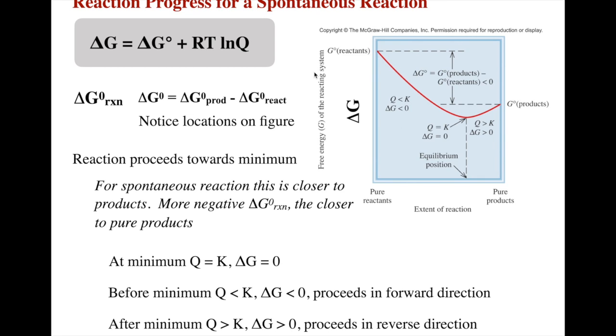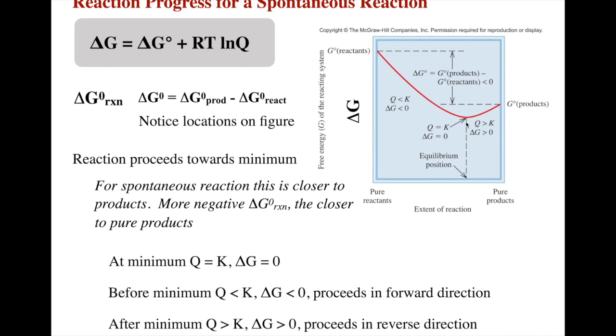Now, here's the thing. First of all, this is spontaneous, so the minimum is closer to the products than the reactants. If we're going from left to right, it's closer to the products than the reactants because it's spontaneous. It's product favored.